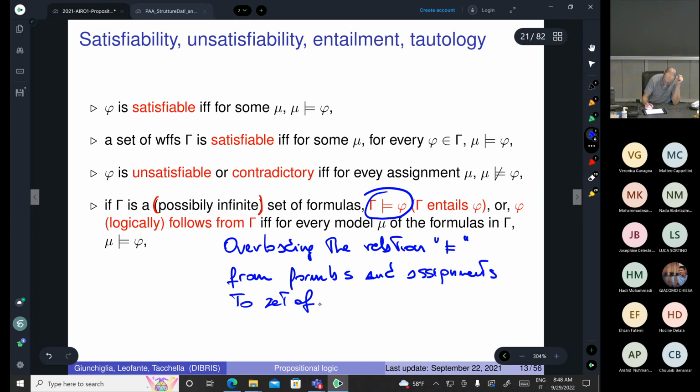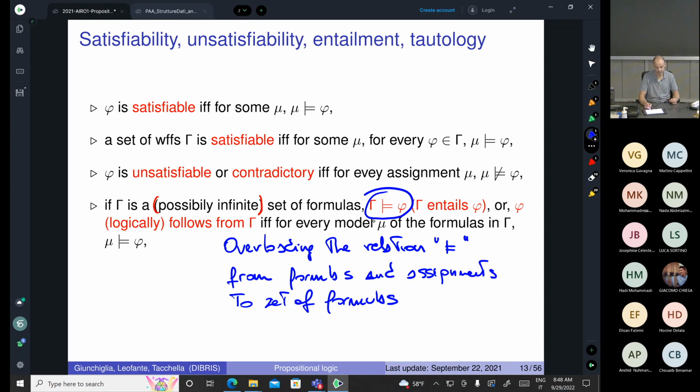You might notice that it is the same symbol that we used to say that an assignment is a model of a formula. So there's a little bit of overloading here. We are using the same symbol in a different context.